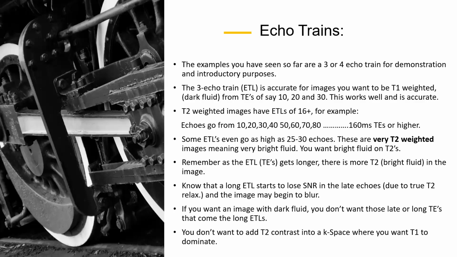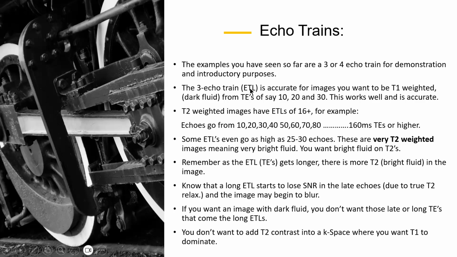Okay. All right. So echo trains, I've already said this, echo trains are going to cause multiple echoes, filling multiple lines of K-space per TR per slice. So the long echo trains are going to cause more T2, and you're going to use them for T2 weighted sequences. You're not going to use a long echo train for T1 because long echo trains cause T2 contrast.